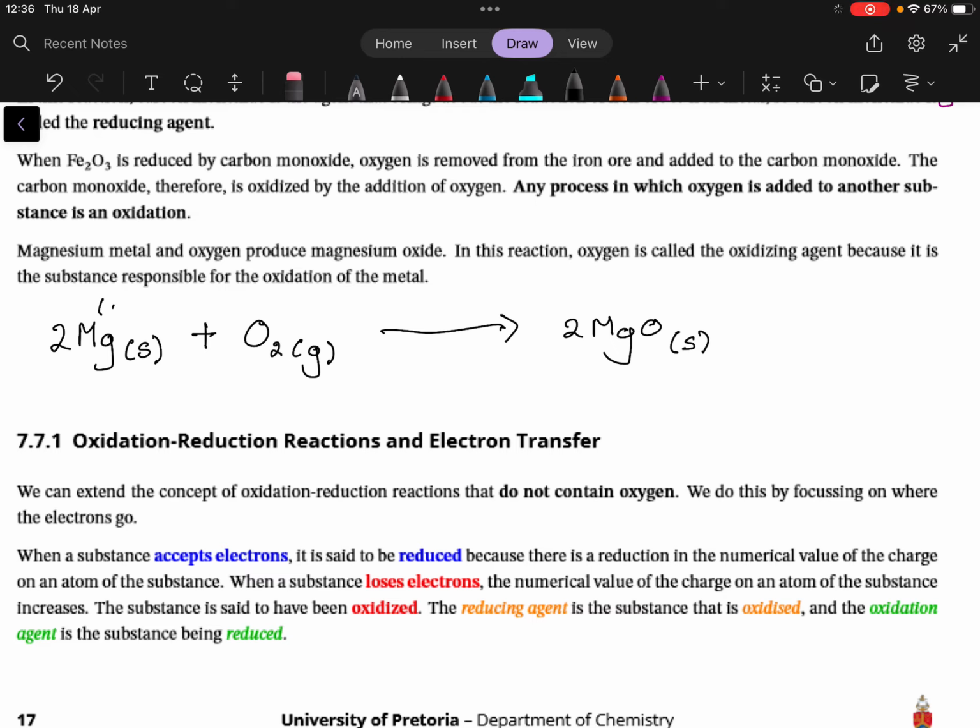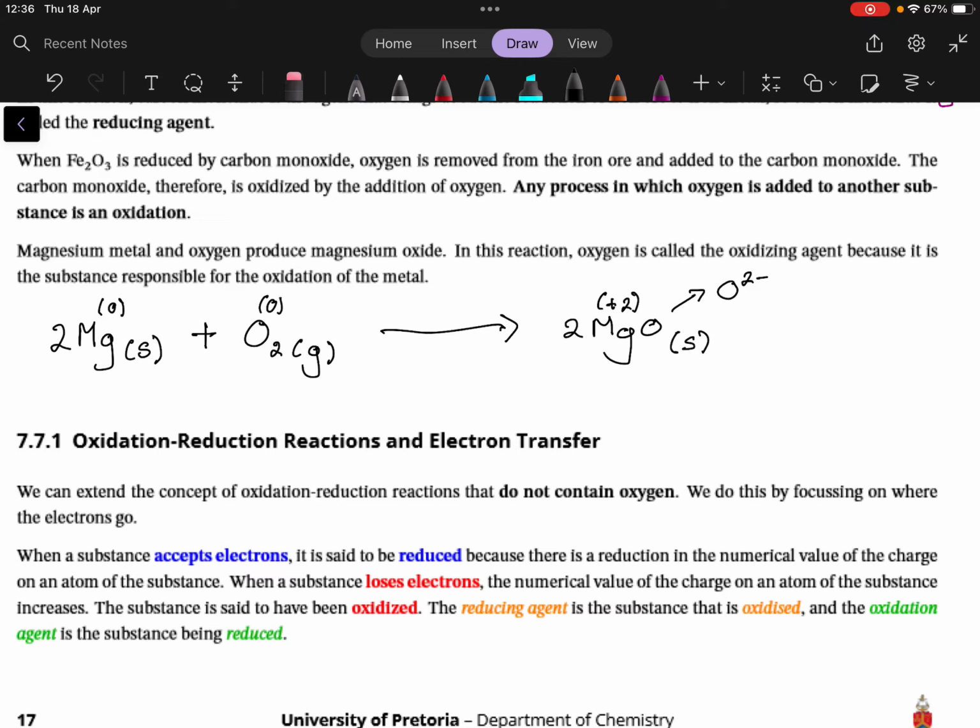Magnesium is here in the 0 oxidative state, and here it must be in the +2 oxidative state, because oxygen always has a 2- charge, so it always has an oxidative state of -2. There's an exception, but it's there. We also write that molecular oxygen's oxidative state is also 0. So we can clearly see which one is gaining electrons. The magnesium is gaining electrons and the oxygen is losing electrons.